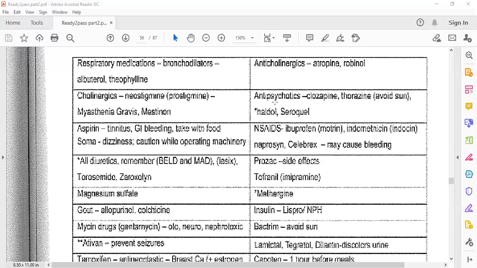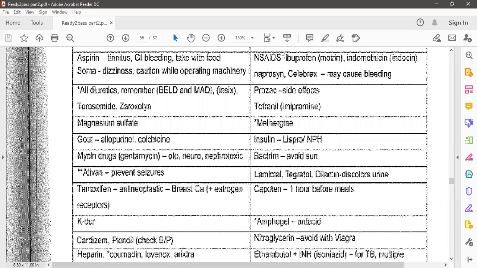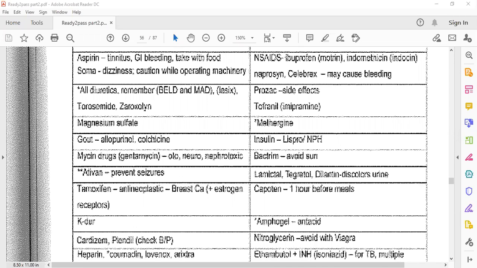Okay, let me go to the next one. So, aspirin. Keep in mind that aspirin is a non-steroidal anti-inflammatory drug, but we also use it as a blood thinner.